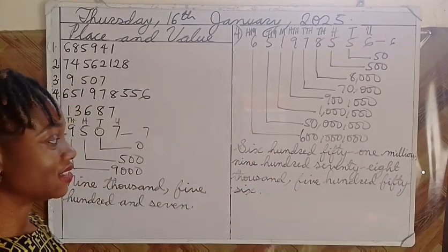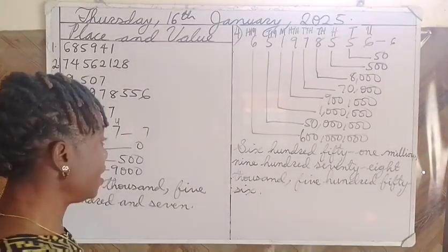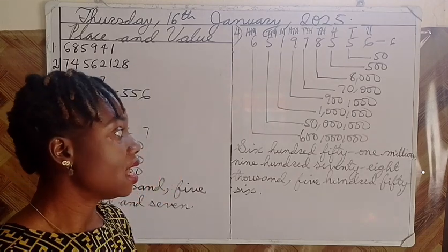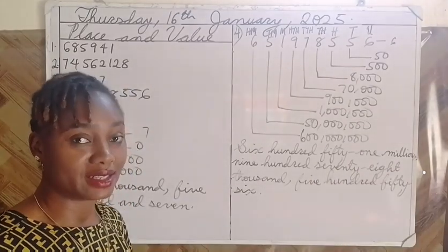Good. Now this is the end of question 4. I hope it's easy for you to understand, so you can write your numbers in words and also determine the place and the value of each of these numbers, as well as expanding them.